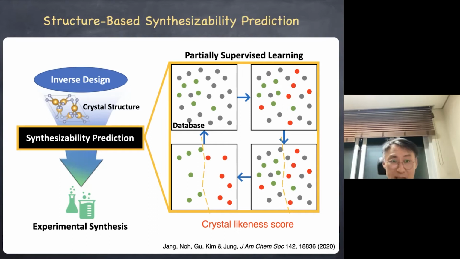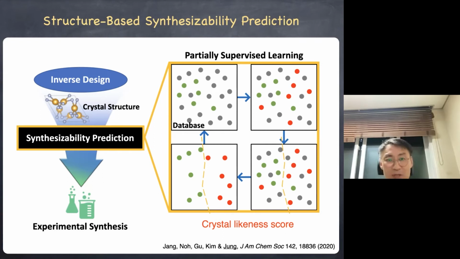But in the synthesizability prediction task, you only have the positive data and no negative data, because if the material has been synthesized, it's already positive data. But if it's not synthesized yet, that doesn't mean that it is unsynthesizable, because it may be synthesized later on. So basically, you only have the positive data and unlabeled data.